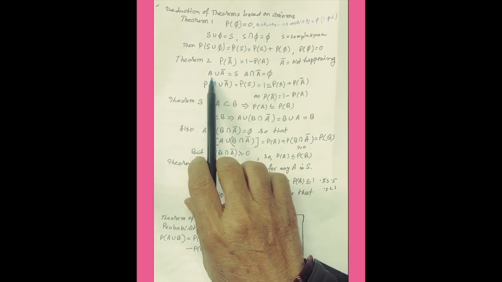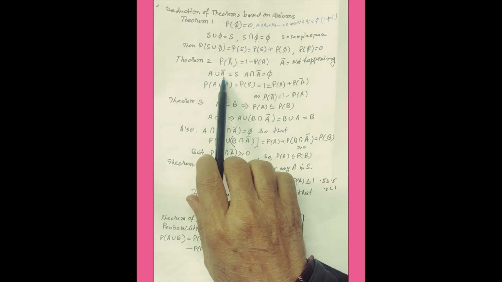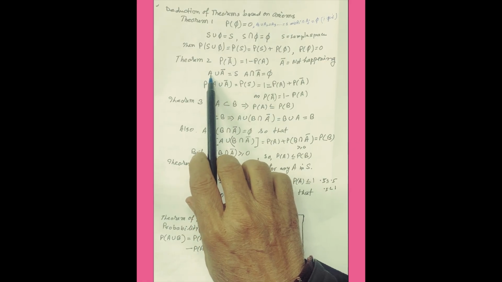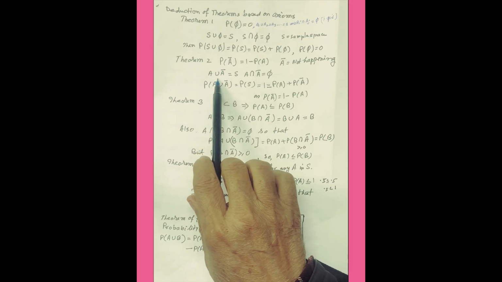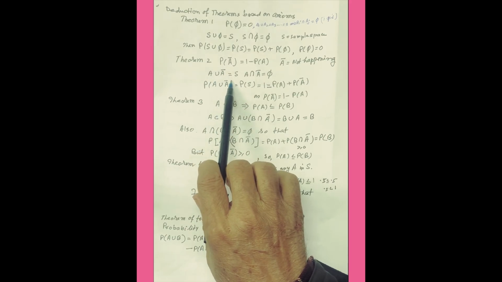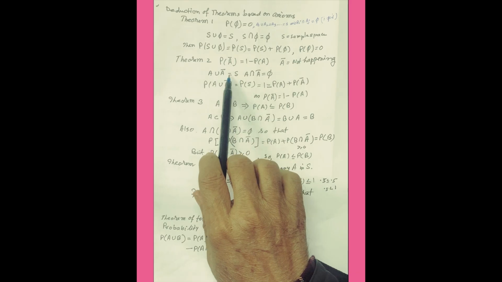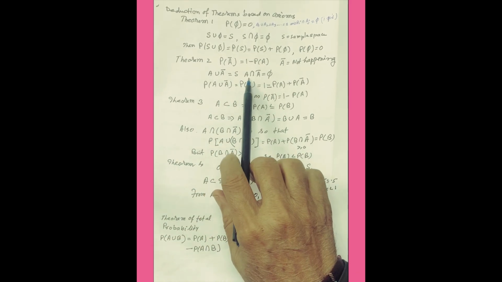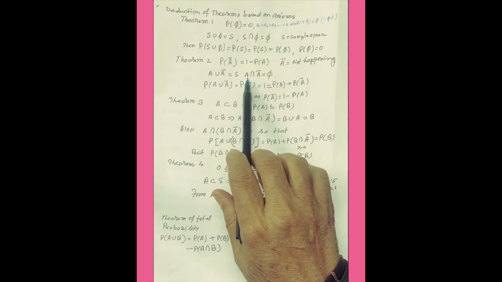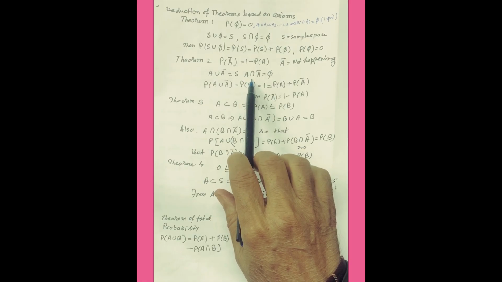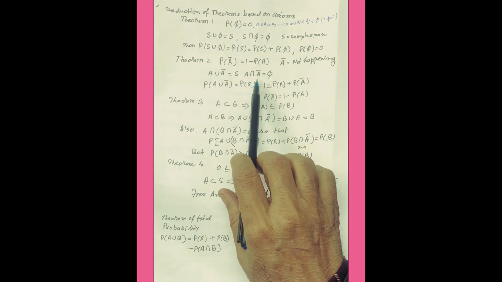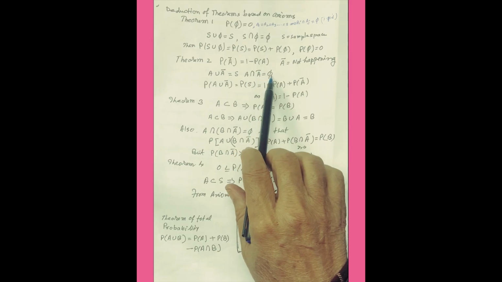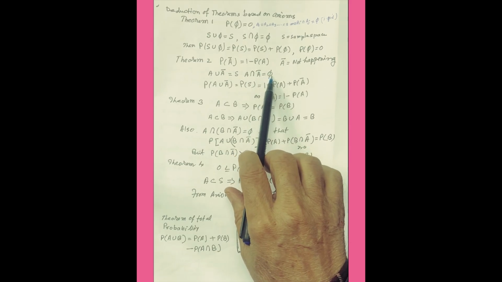A union A bar, that means event happening union event not happening, is equal to S. Total is S, that means the total sample space. Then the event happening intersection the event not happening is equal to phi.